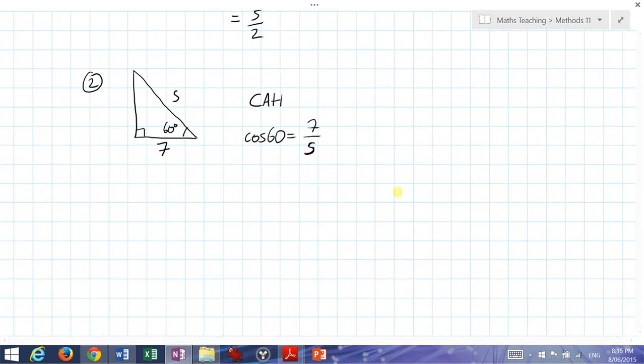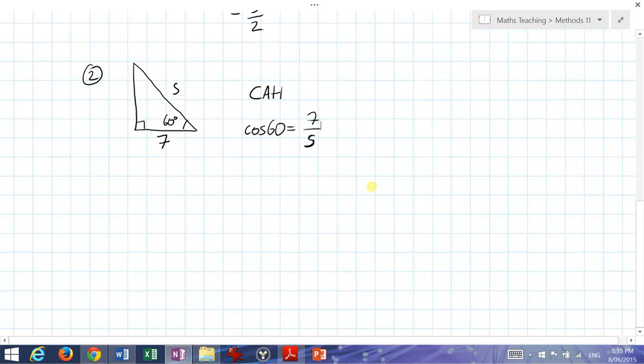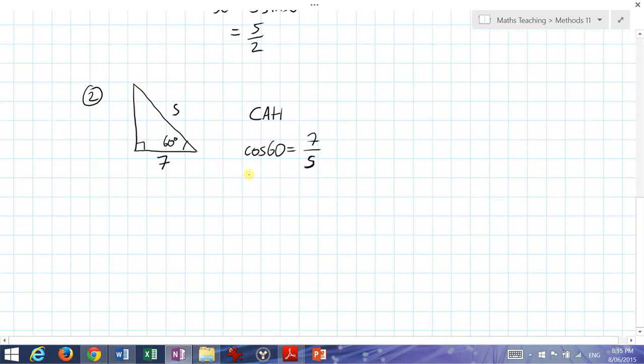The first step is to set up the equation, the next step is to solve the equation. So now I want to try and get the S by itself. First the S is on the bottom, so let me get rid of it from being on the bottom. Times both sides by S. S times cos of 60 equals 7.